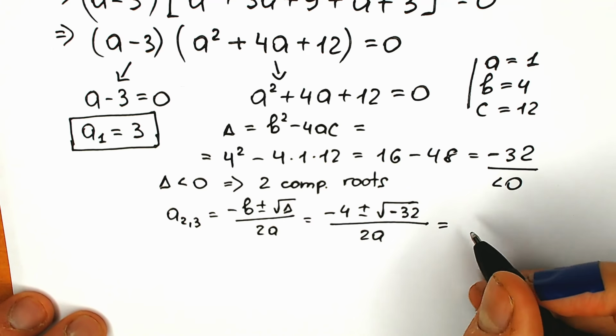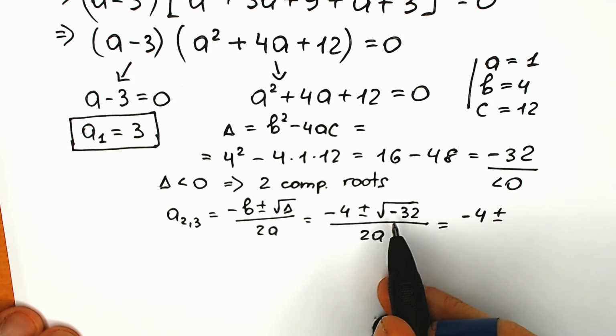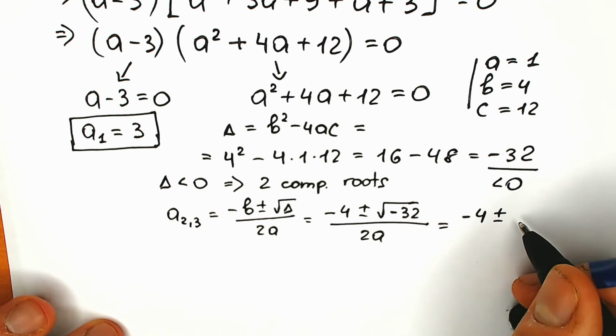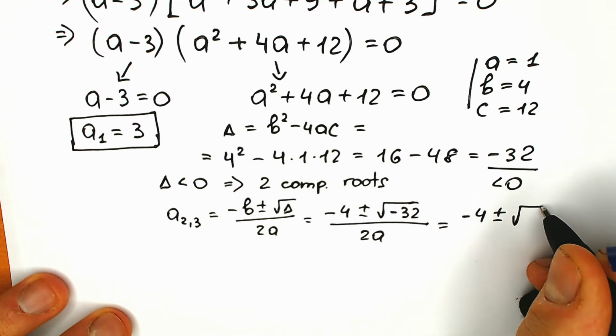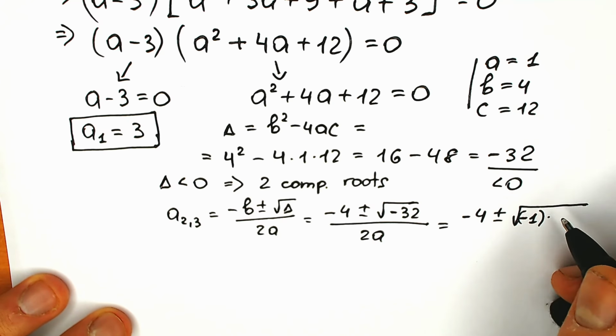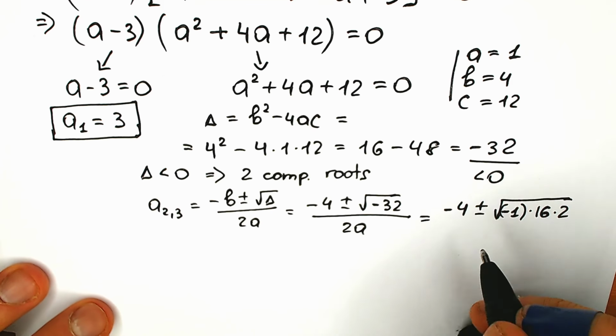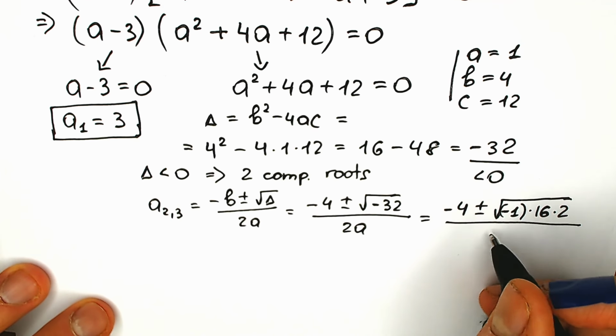We can simplify this real quick. So we have minus 4, the same beginning, plus minus square root of minus 32. We can write as square root of 2 times 16 times minus 1. So we can easily split it, and then we simplify this. Okay, so we have minus 1 right here times 16 and times 2, and all over 2 times a, 2 times 1.